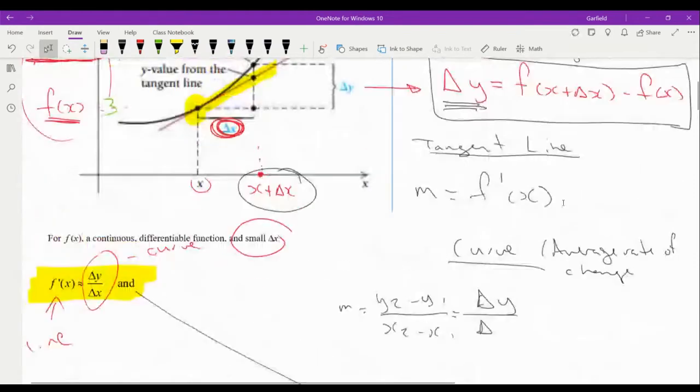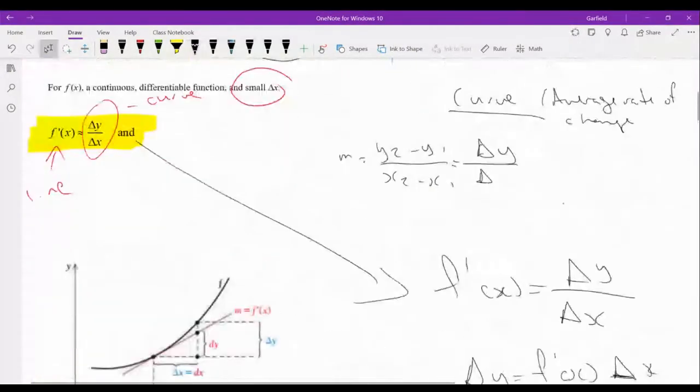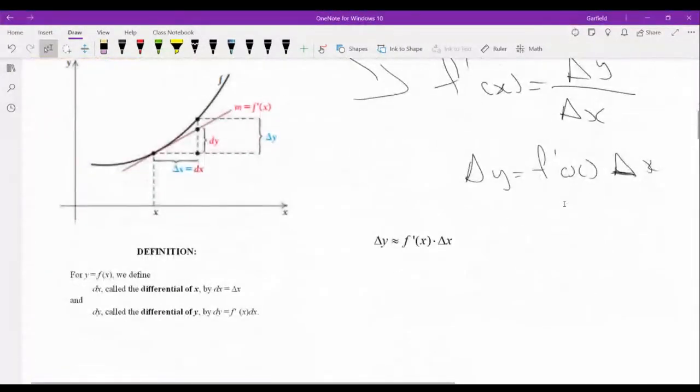Now, a couple of statements. If we go back up here, we will see that this delta x is the same for the curve and for the line. So for this approximation, we replace delta x with dx, which is the approximate change in the line, and we replace this with dy.